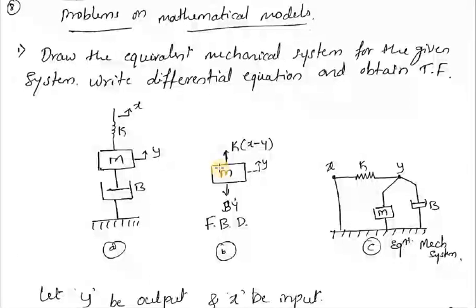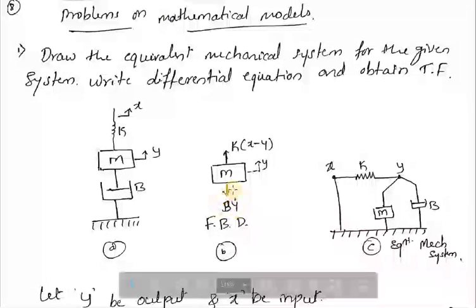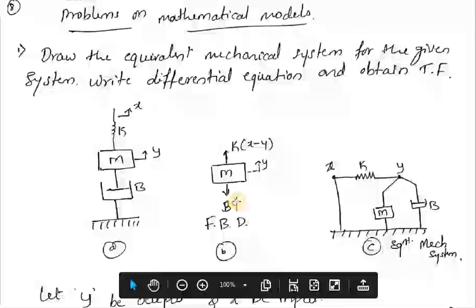So now b into y dot, as we have discussed while analyzing the mechanical elements, that is, how to write the force for the mass, the force for the spring, and the force for the damper. Here the force is always proportional to the velocity. Velocity means y dot, so b into y dot.